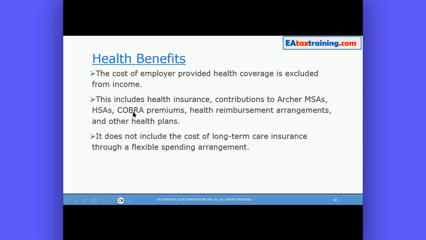So if you leave a job, you are often entitled to keep getting health insurance after you leave. So usually you have to pay for it yourself. But if your employer agrees to provide some of those premiums for you, that would be included in this, and you would not have to include it in your income as the employee.